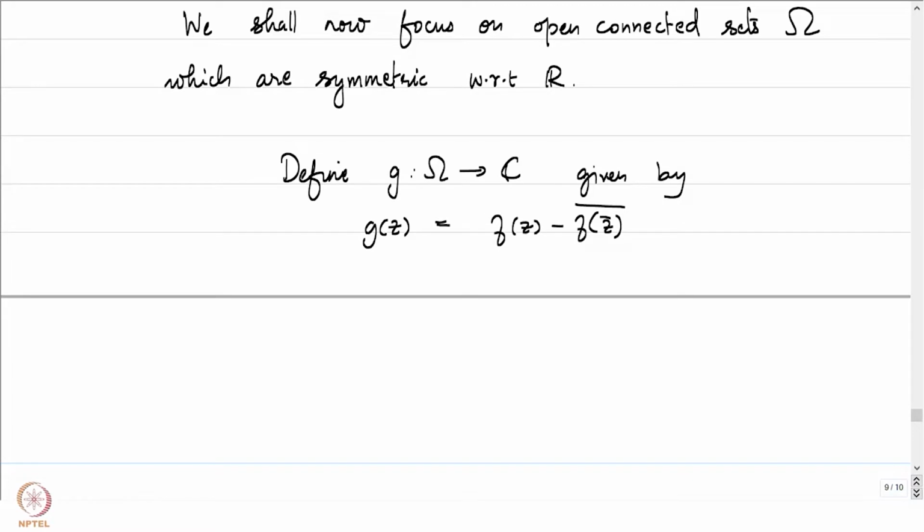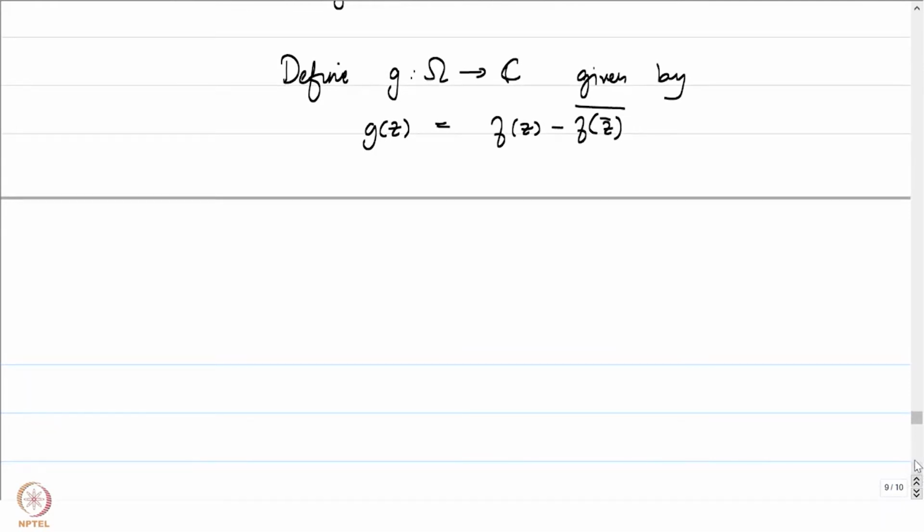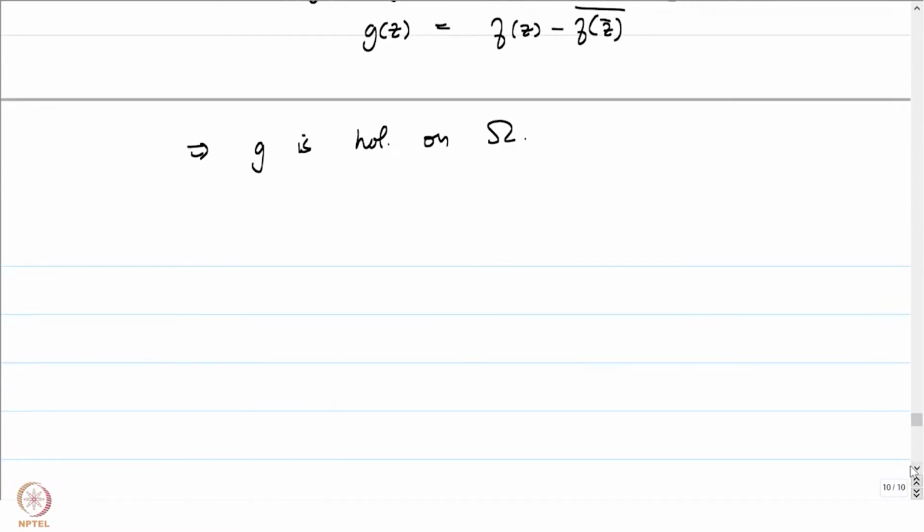So, this makes perfect sense, and the fact that g is a difference of holomorphic functions tells us that g is holomorphic on omega. Now, suppose f satisfies the condition that f of x is a real number whenever x is a real number.